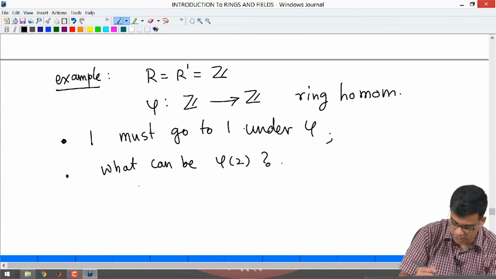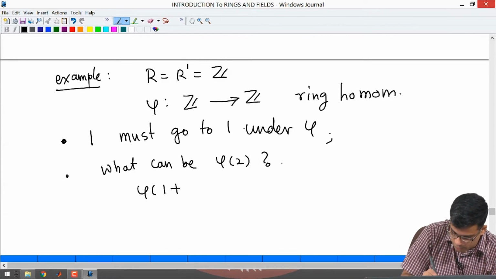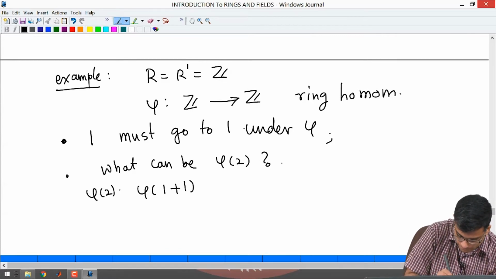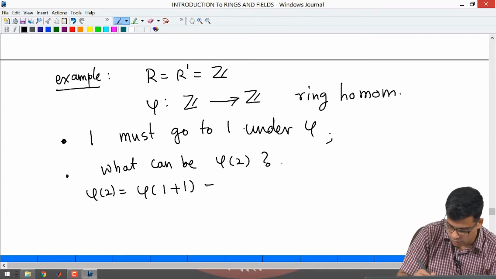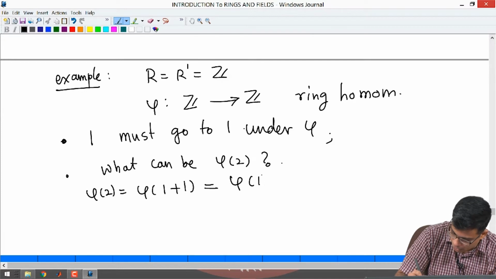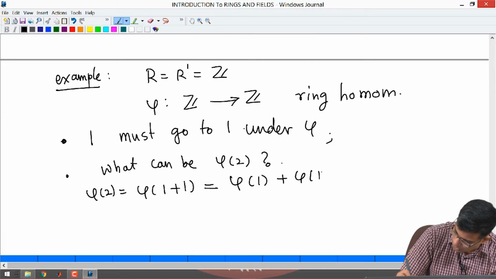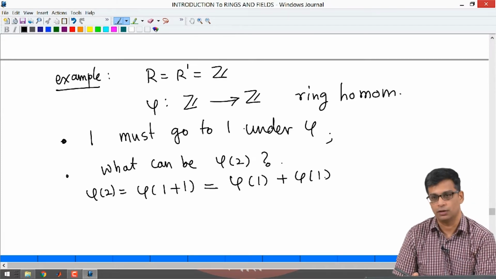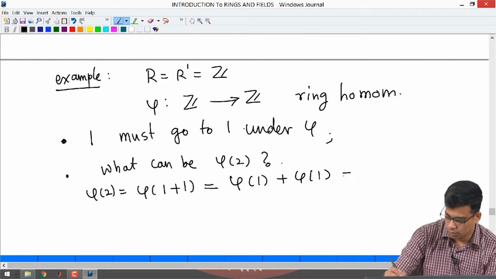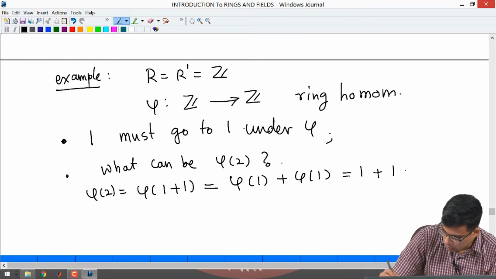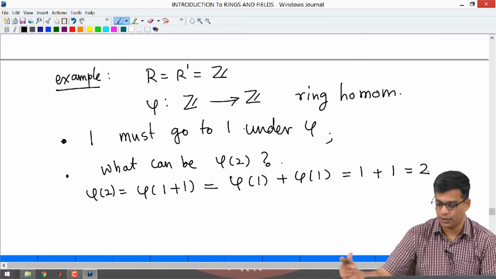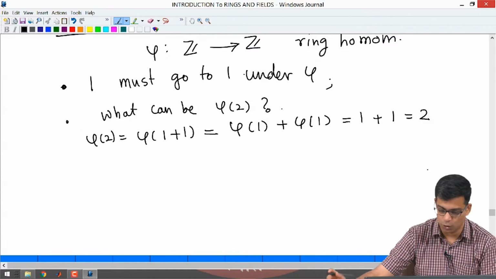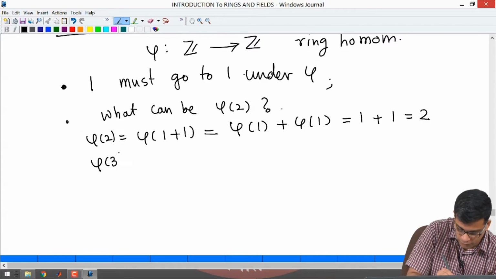Phi of A plus B should be phi of A plus phi of B. So, phi of 2 is phi of 1 plus 1 because 2 is 1 plus 1, but phi of 1 plus 1 by the ring homomorphism property should be phi of 1 plus phi of 1, and phi of 1 is supposed to be 1. So, 1 plus 1. In other words, there is no choice for phi of 2 either. Phi of 2 must be 2. What about phi of 3?